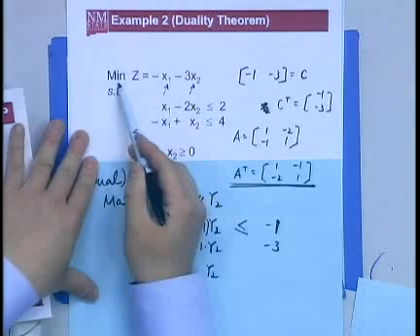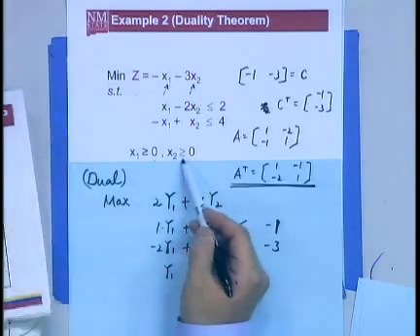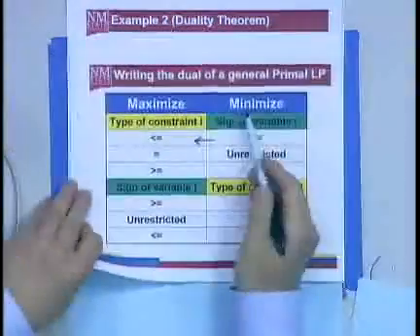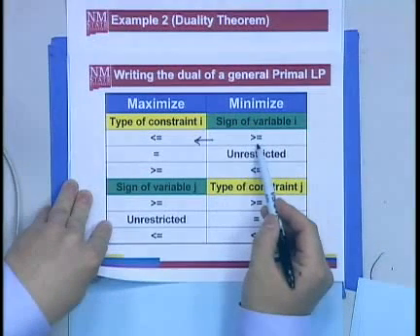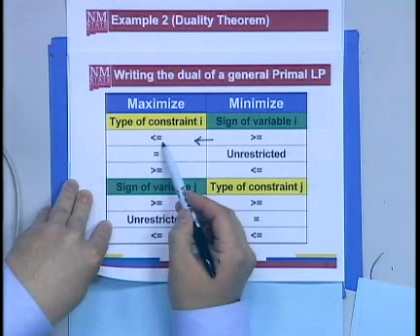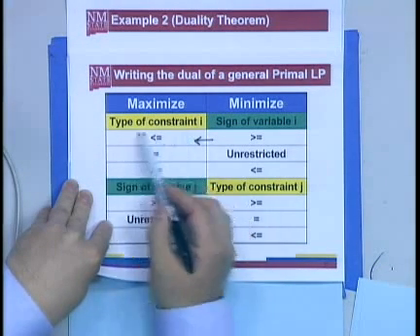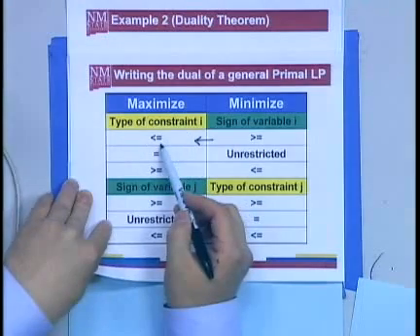Likewise, in the minimization problem, the second variable is greater than or equal to 0, which implies that in the maximization problem, the second constraint should be less than or equal.